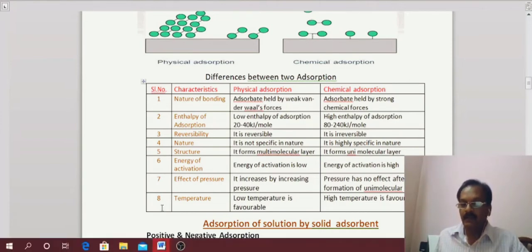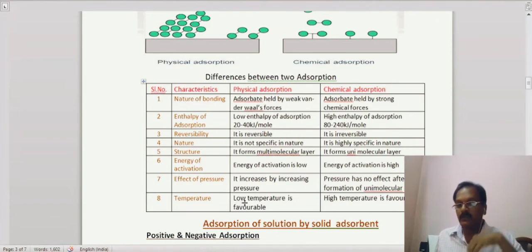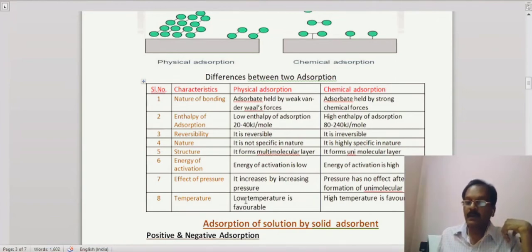And the effect of temperature, as I told you, is that adsorption is an exothermic reaction. So an increase or decrease in temperature always causes a change in the rate or amount of adsorption. Since physical adsorption has a low energy of activation, the molecule can readily adsorb on the surface of the adsorbent at low temperature. That is, low temperature favors physical adsorption.